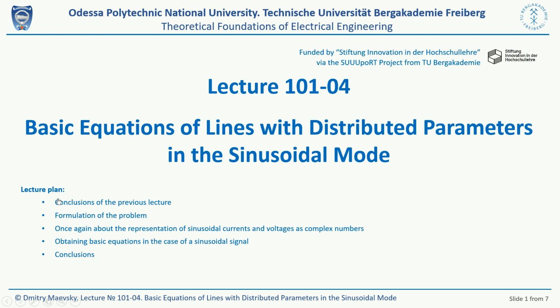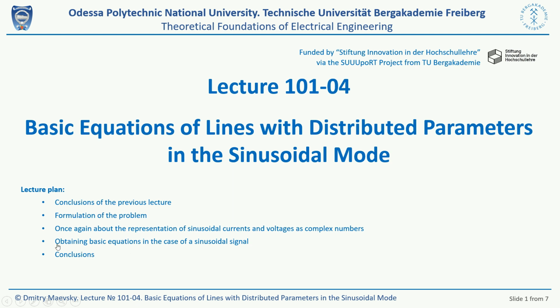In this lecture we will formulate our problem and recall the main parameters of a sinusoidal signal. Let us also recall how sinusoidal currents and voltages can be represented using complex numbers.